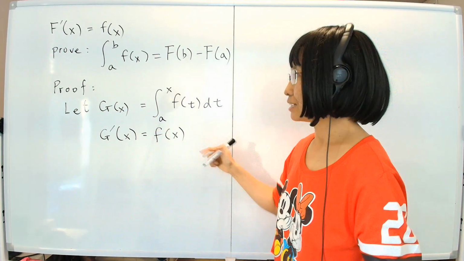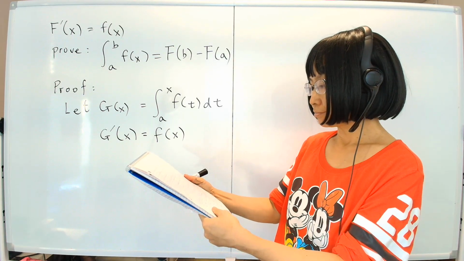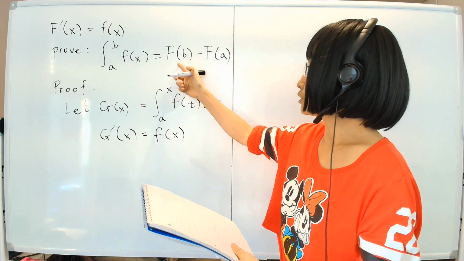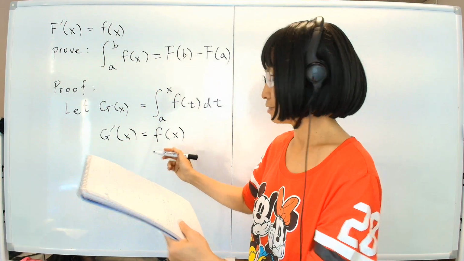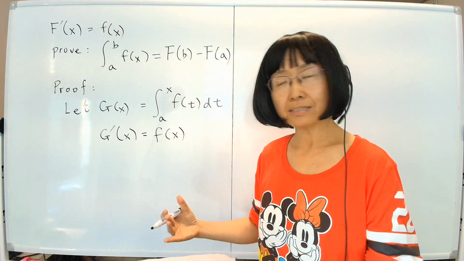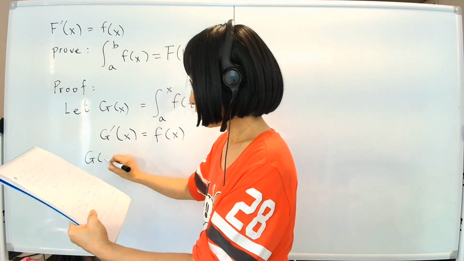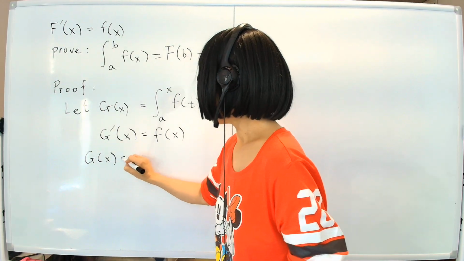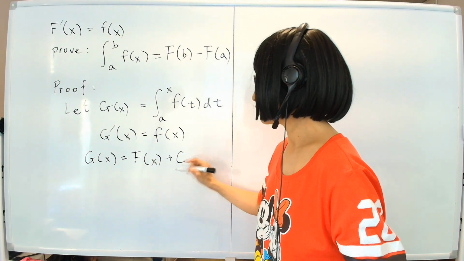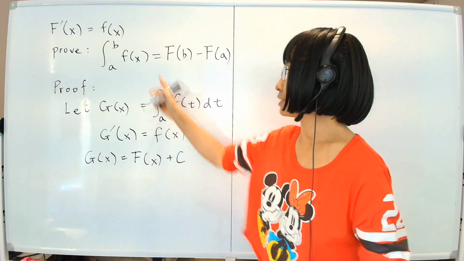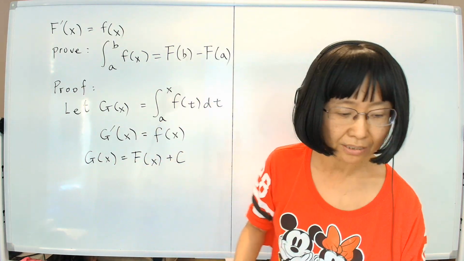Okay, now here's where I use part 1. Next, we choose the big F of x as given, an antiderivative, right? Then in that case, that means g of x is going to be equal to big F of x plus some constant. Because this is an antiderivative, that's an antiderivative, and all antiderivatives are within a constant of each other.